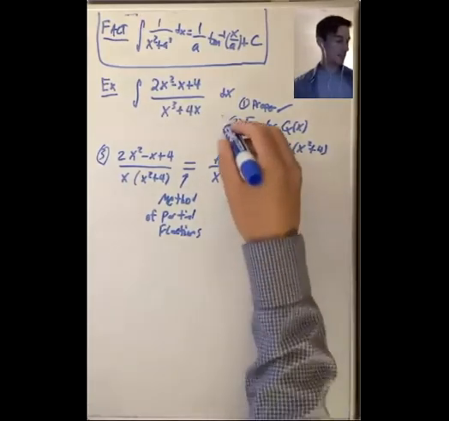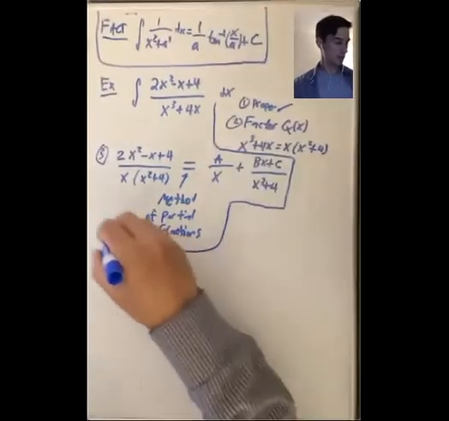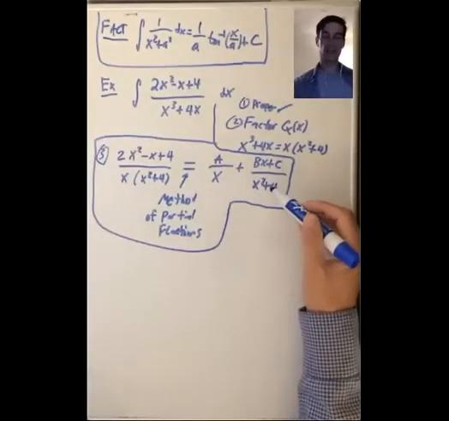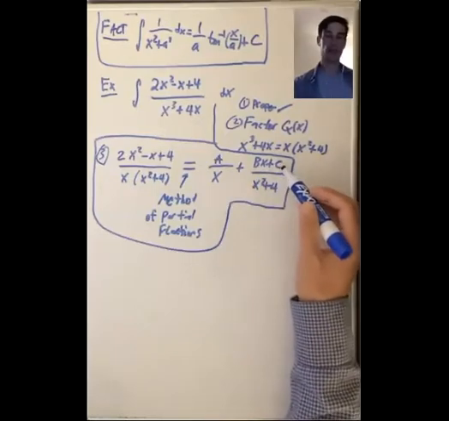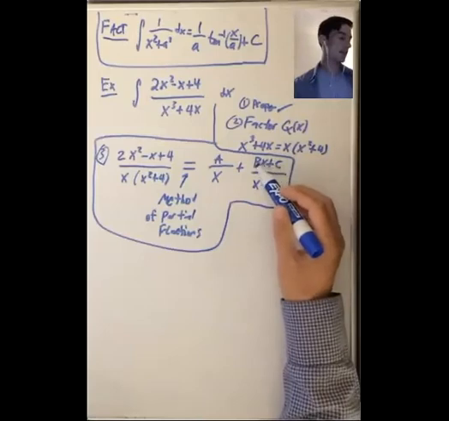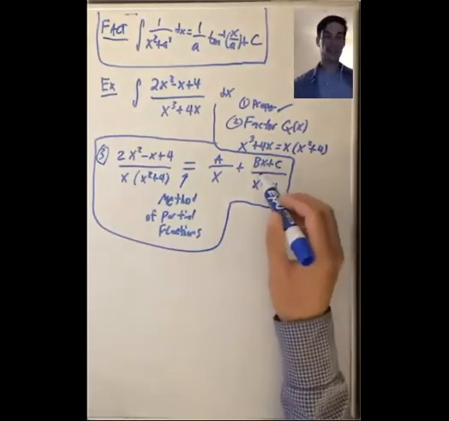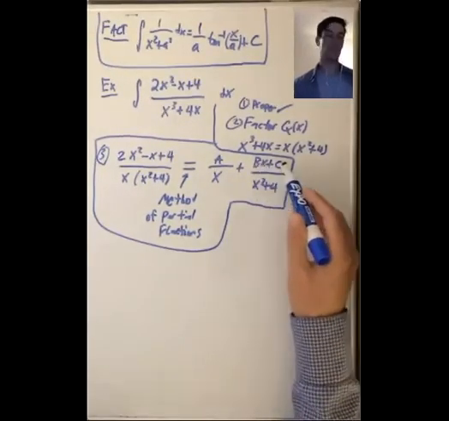When you have an irreducible quadratic factor, what happens is over that quadratic factor, you don't just get b over x squared plus 4, you get bx plus c. You have a linear thing in x and a constant term. So this is a key thing to remember. When you have something like x squared plus 4, you need a bx plus c.